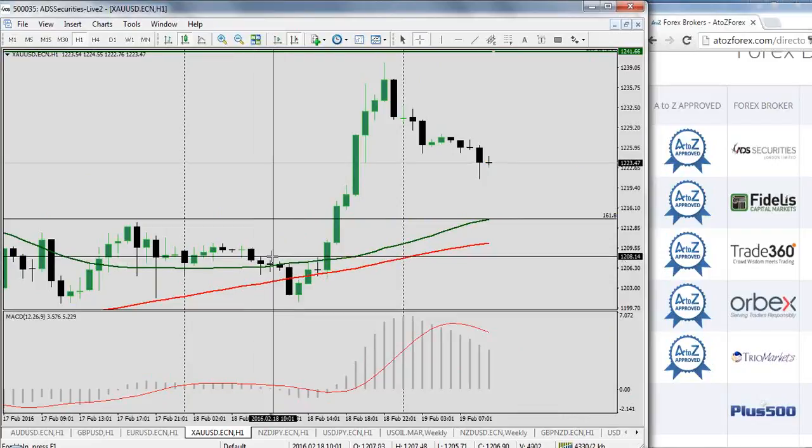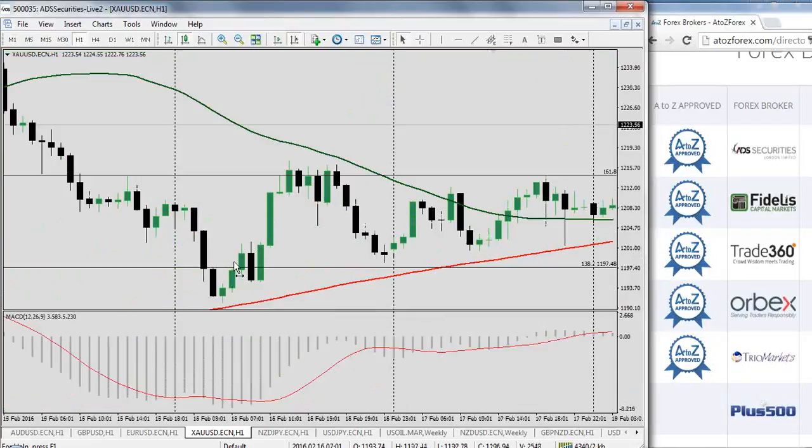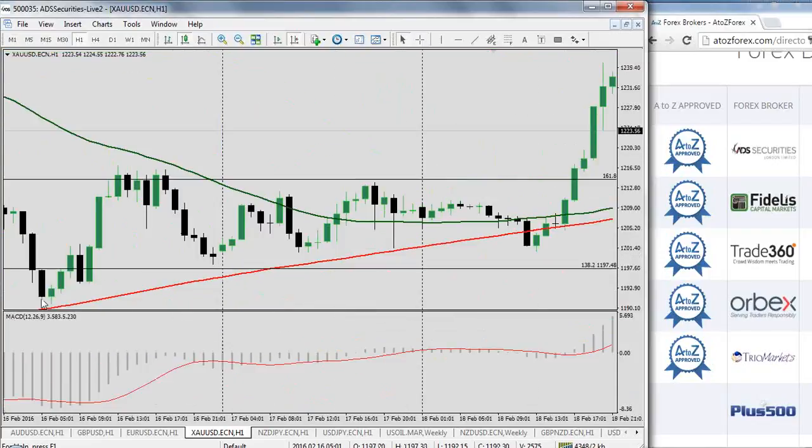So whenever this happens, and we saw that the market was making a higher high and higher low, this high, then a higher high, higher low, higher high, then somewhere a middle high, and the following high was higher as well.